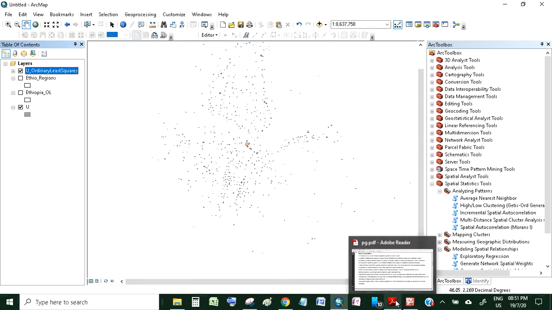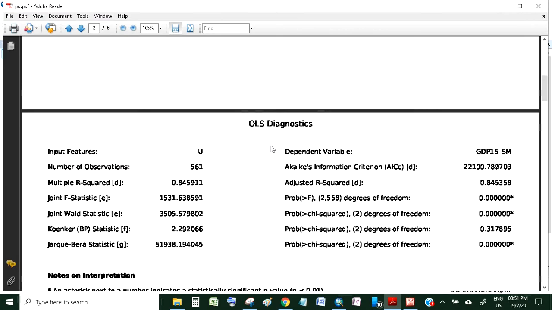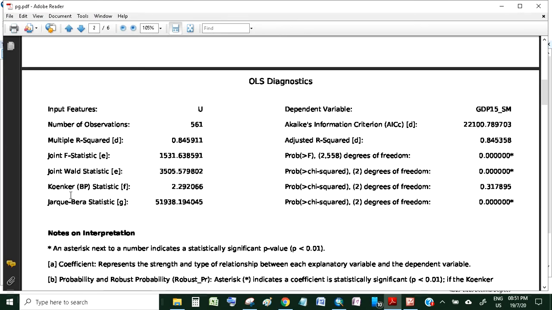So in this report, which I was talking about, all these values, first to 6 I have already covered. So you practice with the help of the data given to you, and you can see your results.